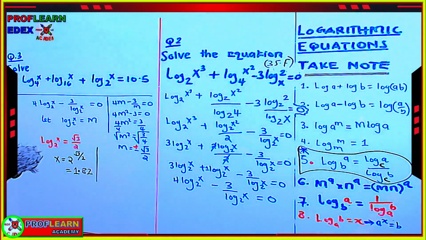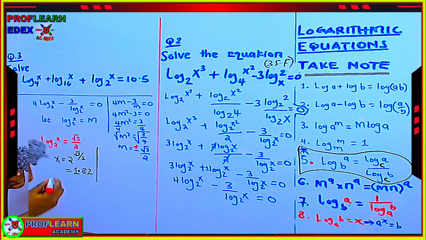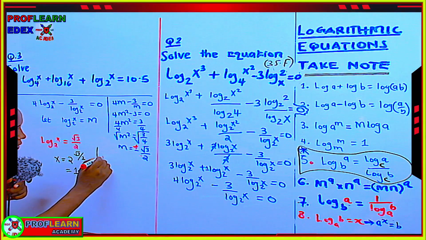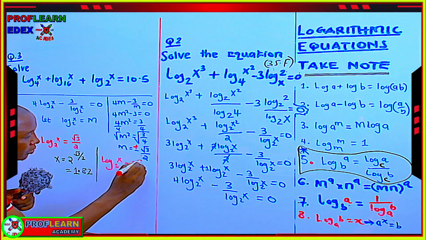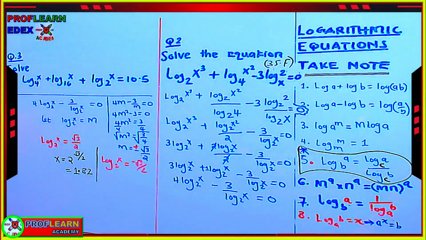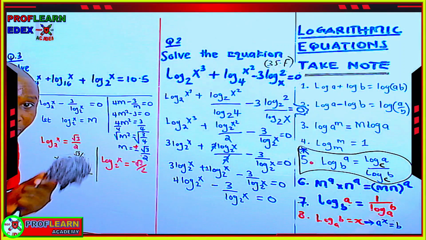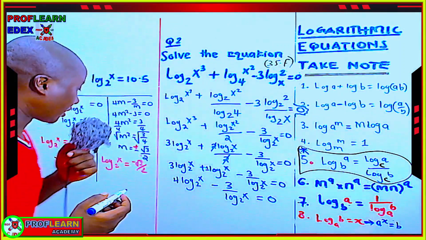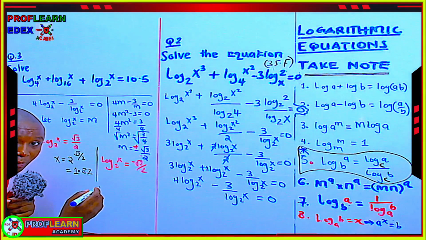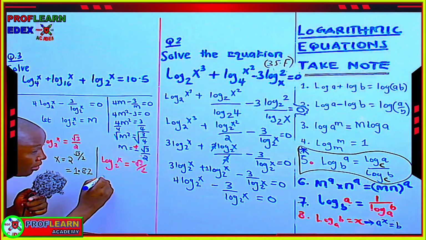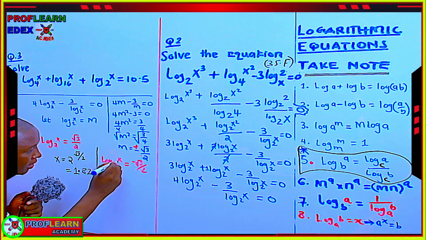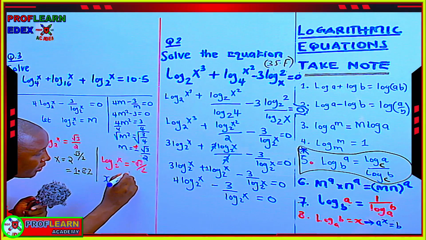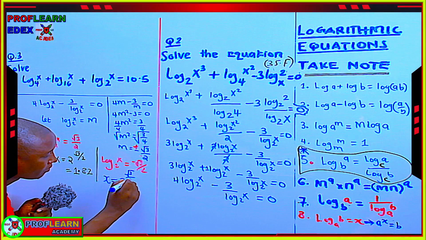The second part will be equating the next solution for x. Log x to base 2 is equal to negative root 3 over 2 at that point. So also we express it in index notation. Our x is going to be 2 raised to power negative root 3 over 2.